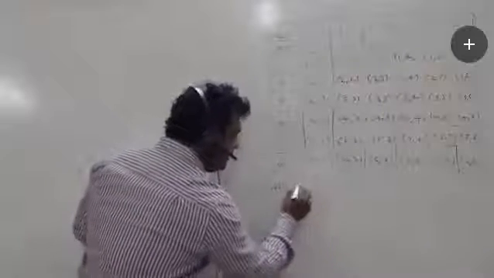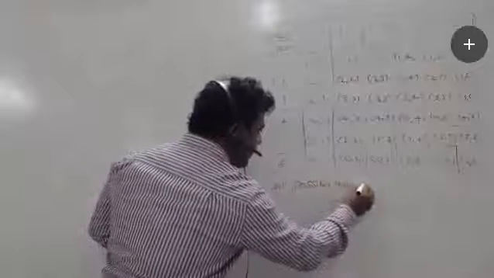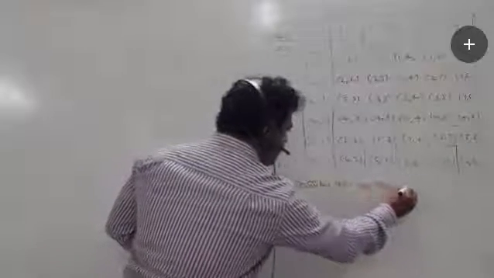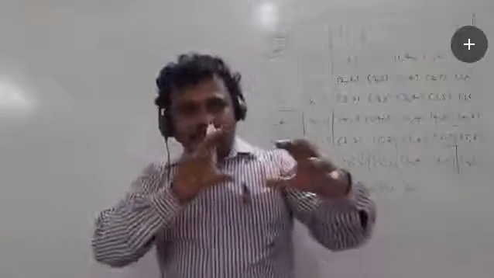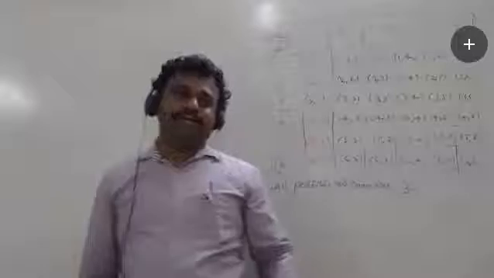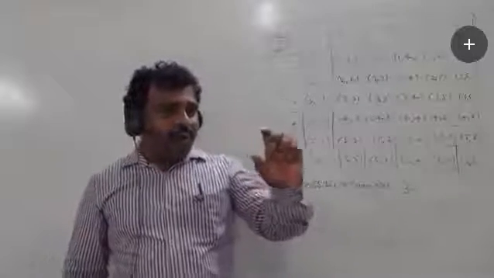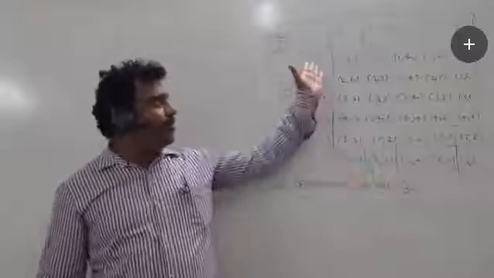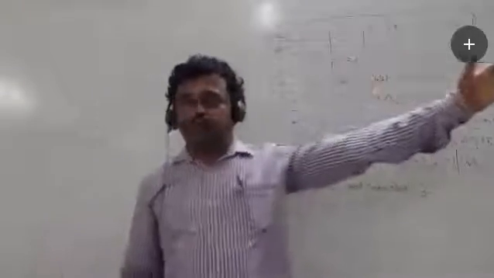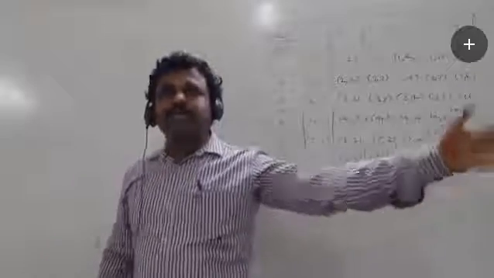All possible outcomes are 36. When we roll two dice simultaneously, all possible outcomes are 1 1, 1 2, 1 3, 1 4, 1 5, 1 6, like that up to 6 1, 6 2, 6 3, 6 4, 6 5, 6 6.